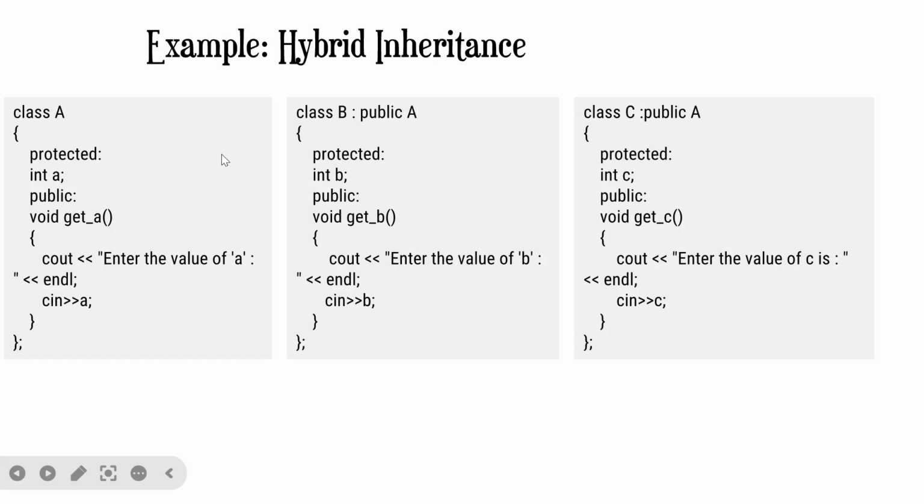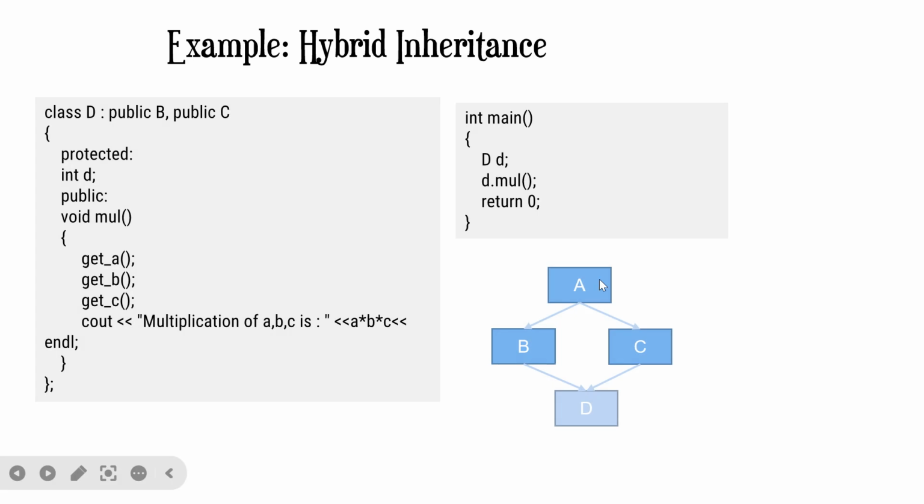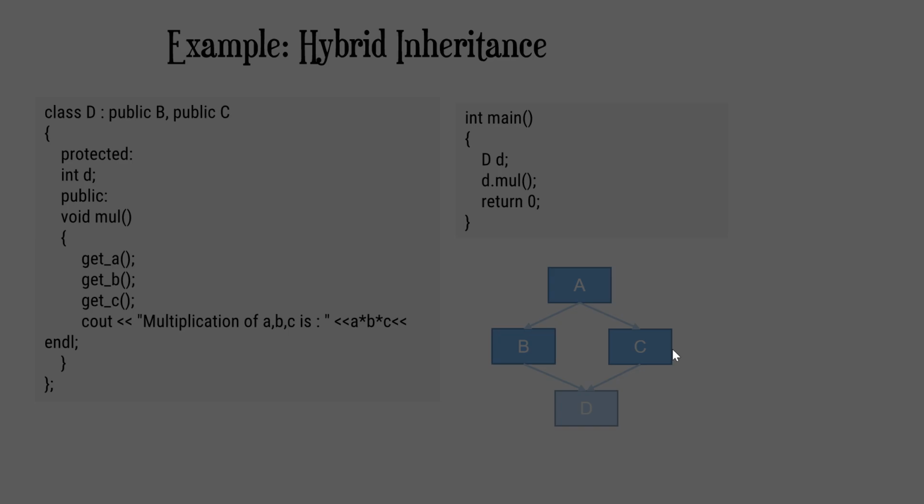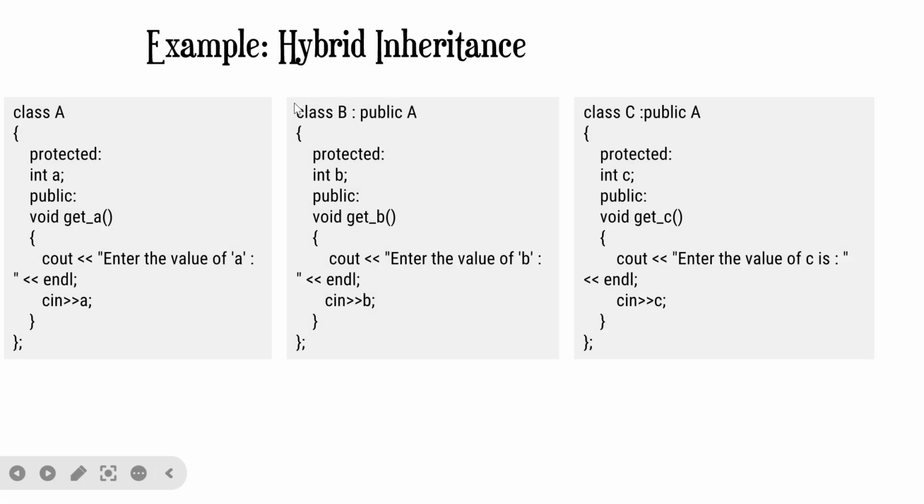Now we can discuss an example here. Class A, class B, class C. Class A, we can check with the diagram, is the base class. For this base class we derived two derived classes, B as well as C. B is a derived class and C is a derived class.